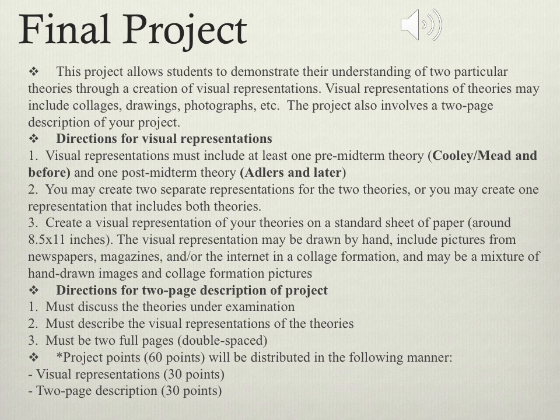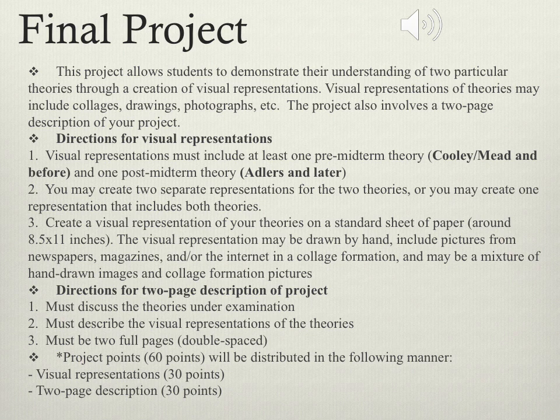That's up to you in terms of how you go about doing the visual representation. Basically, I'm looking for the visual representation to be on a standard sheet of paper.